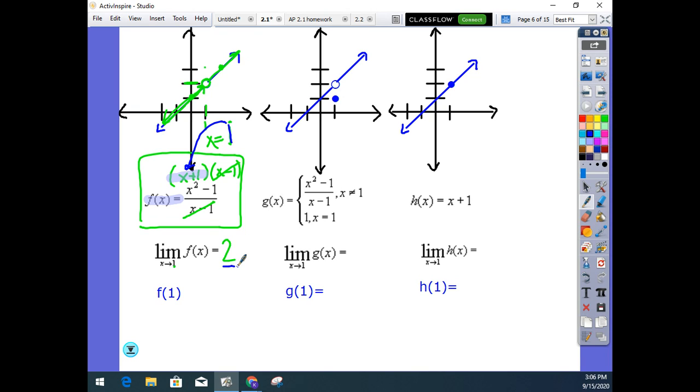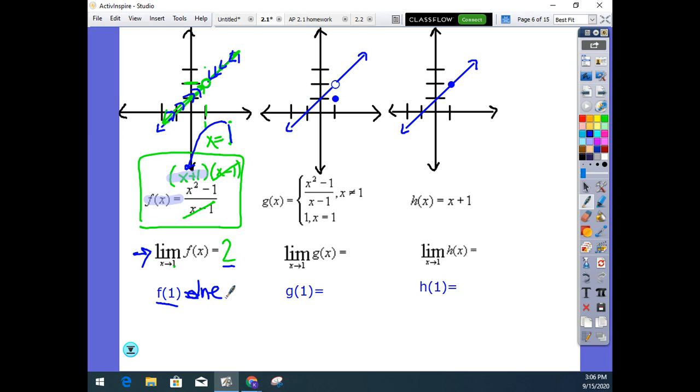That's how you find the y value of every hole. Now, does f of 1 have a y value? Is there an actual y value? This is telling us what the limit is. That's what is the graph getting close to from each side. If this circle is not filled in, the f of 1, we say, does not exist. DNE is short for does not exist.